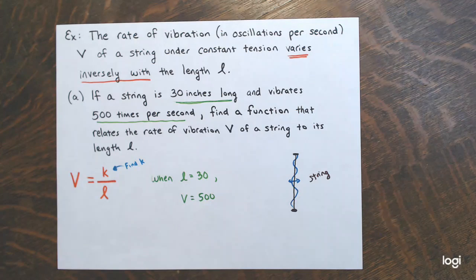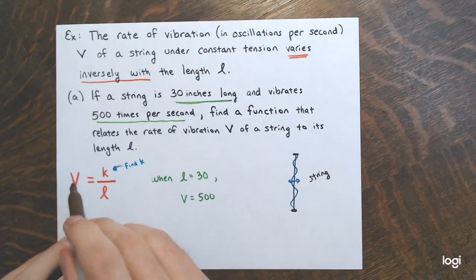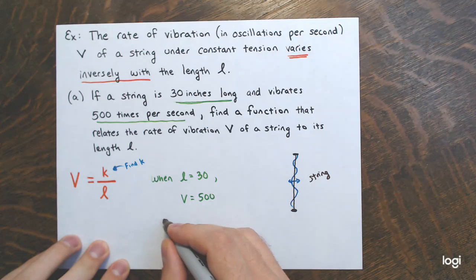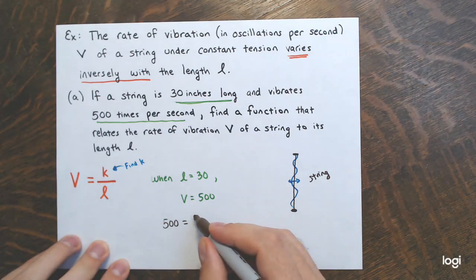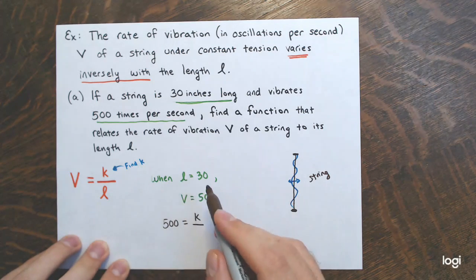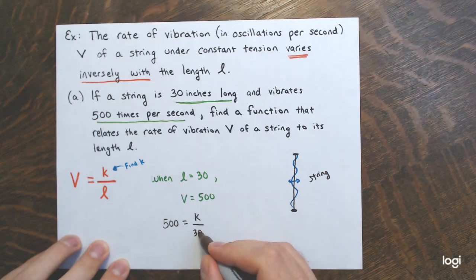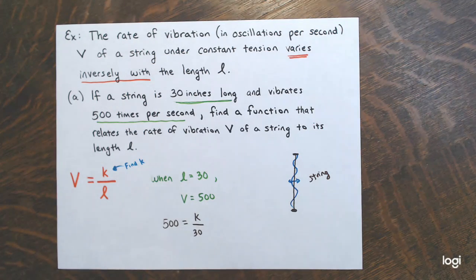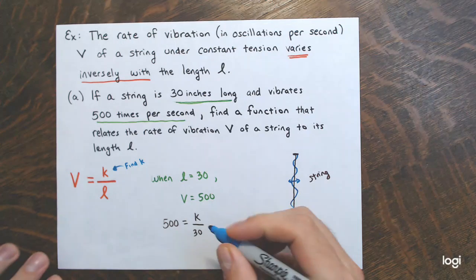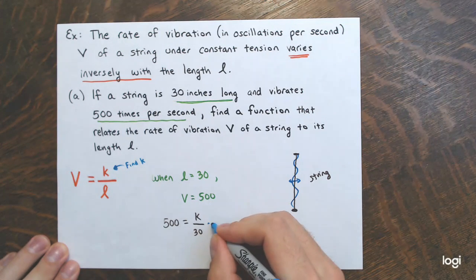Alright, so let's pop those in. V is 500, so I've got 500 on the left, equals k, which I don't know, divided by the length of the string, 30 inches. I'm solving for k, so to get k alone I multiply both sides by 30, since it's already being divided by 30.